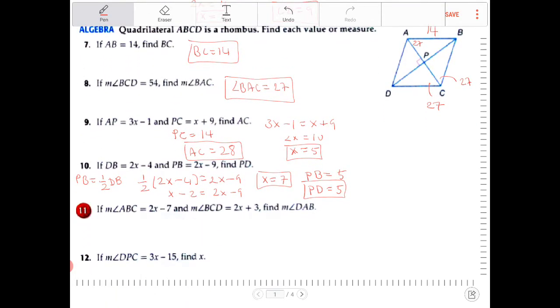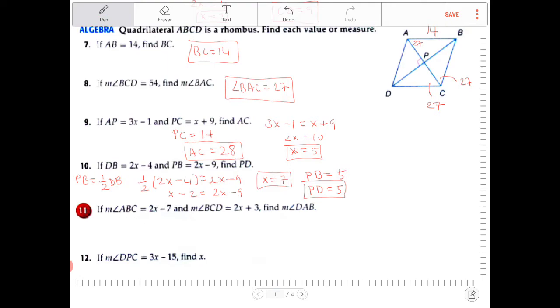Okay, moving on. If ABC is equal to 2x minus 7, and BCD is equal to 2x plus 3, find DAB. So ABC and BCD are supplementary because those are consecutive interior angles.